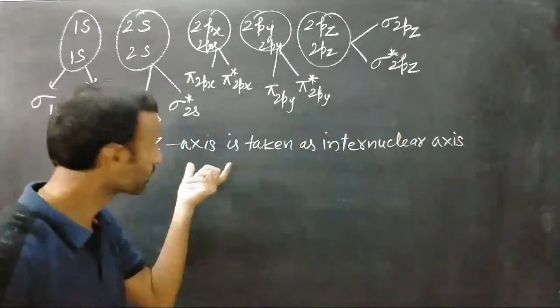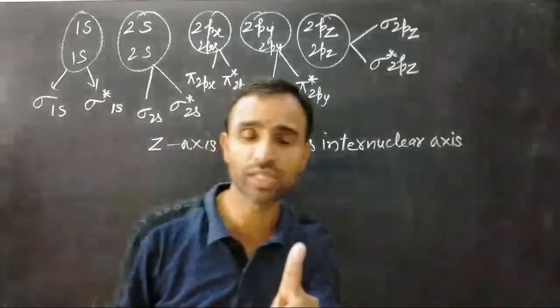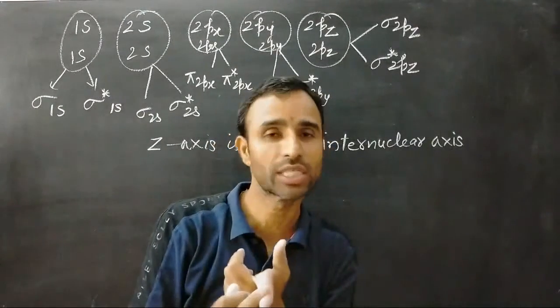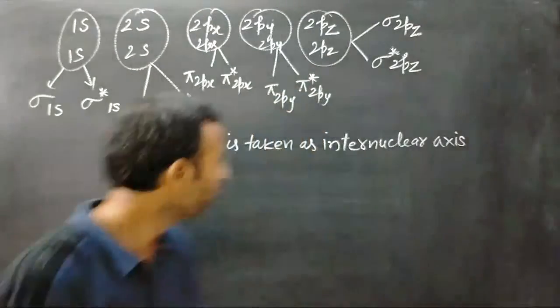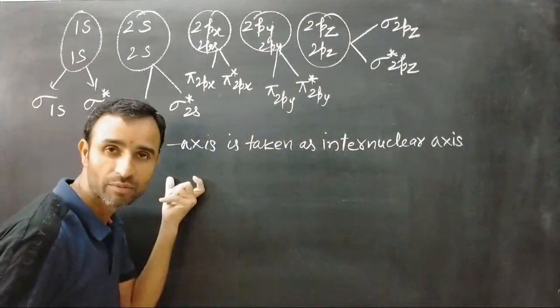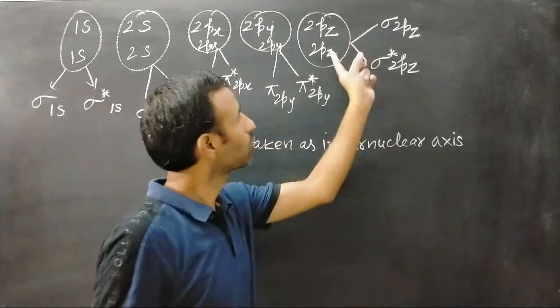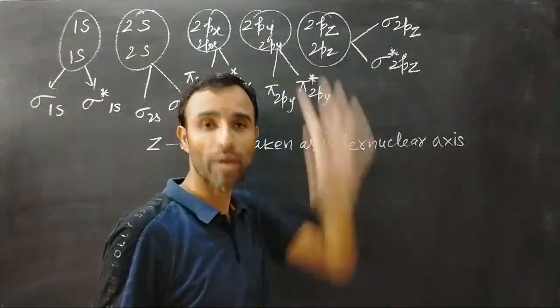The answer is this: only one axis is passing through the nuclei. Internuclear axis is one only, out of x, y, z. So if we consider z as the internuclear axis, then 2pz will form sigma and the others will form pi.